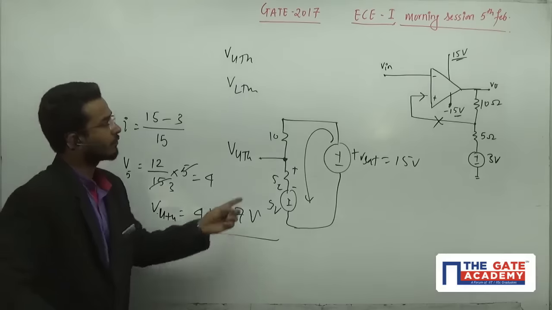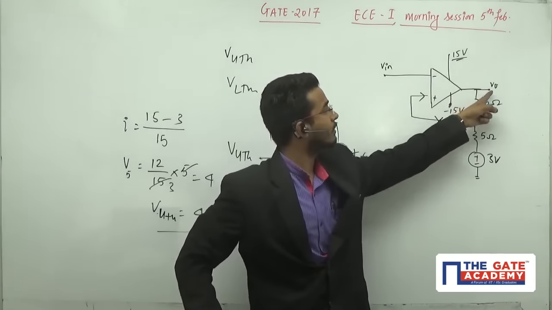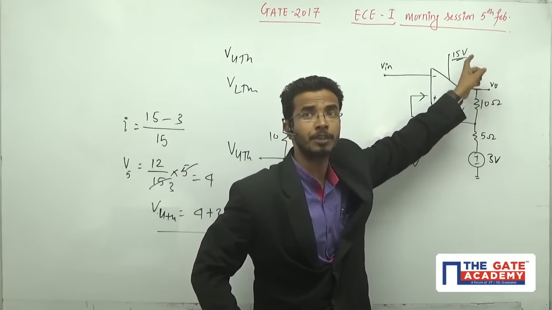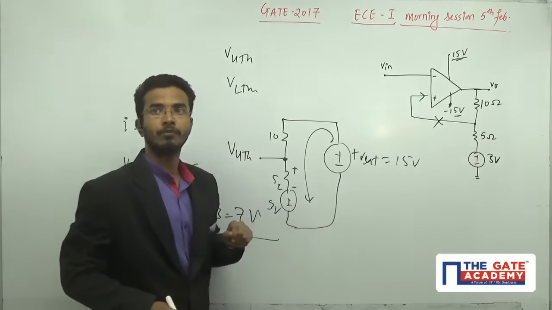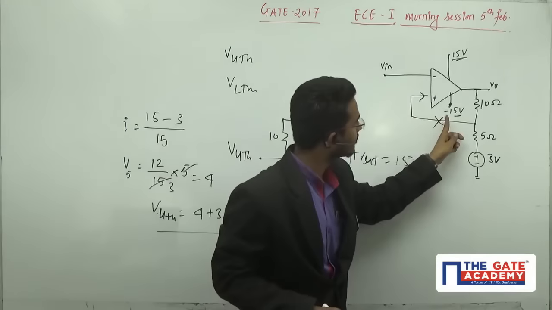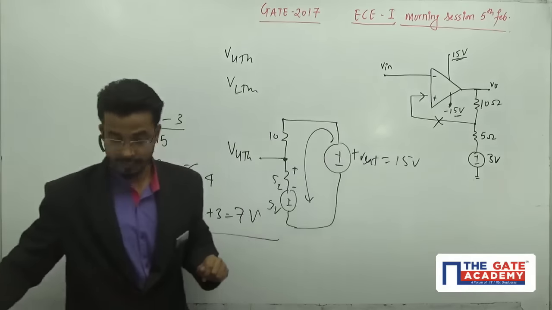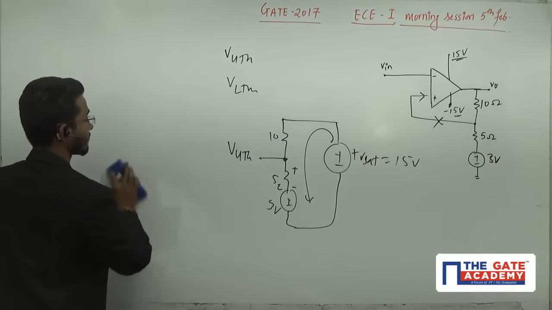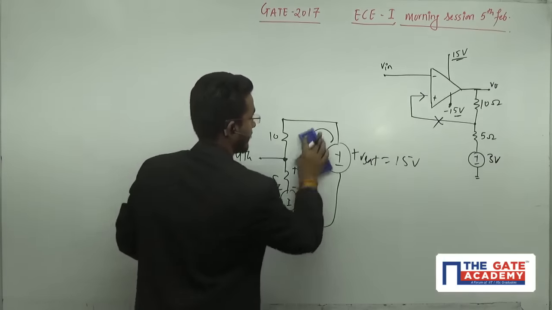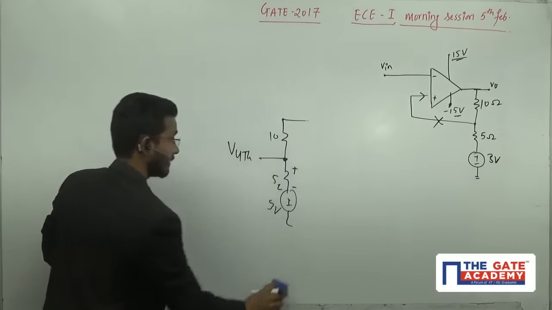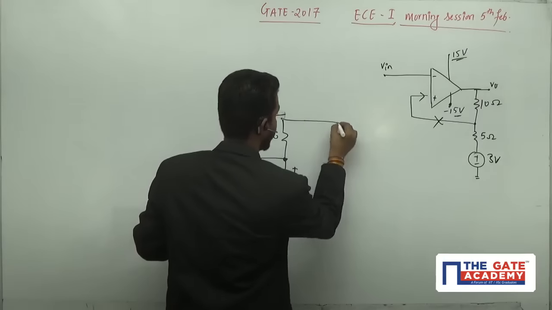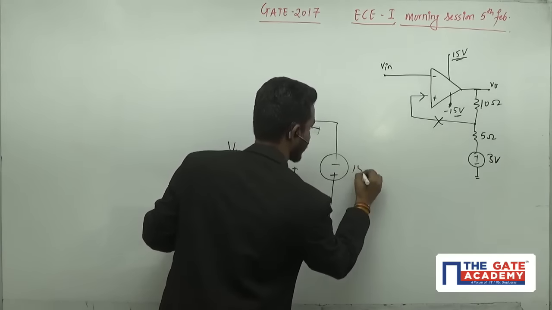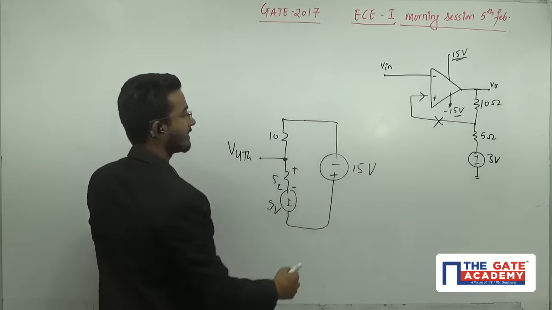This is for the first iteration only, when V0 is saturated with the positive voltage supply, that means the output is plus 15 volts. What will happen if it is saturated with minus 15 volts? At that time the polarity should be like this, 15 volts, and the polarity is opposite.